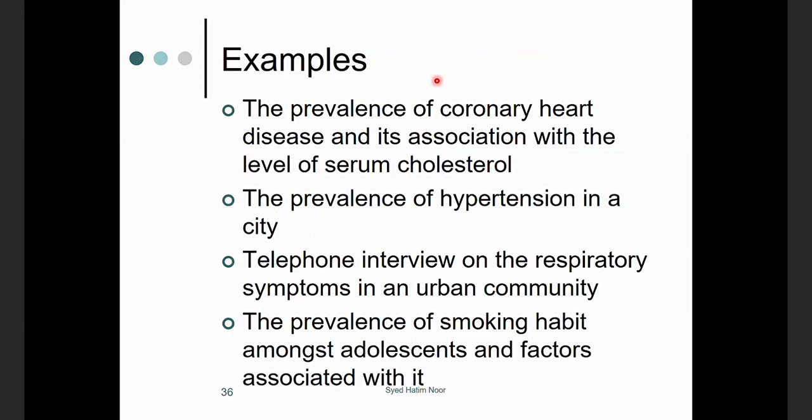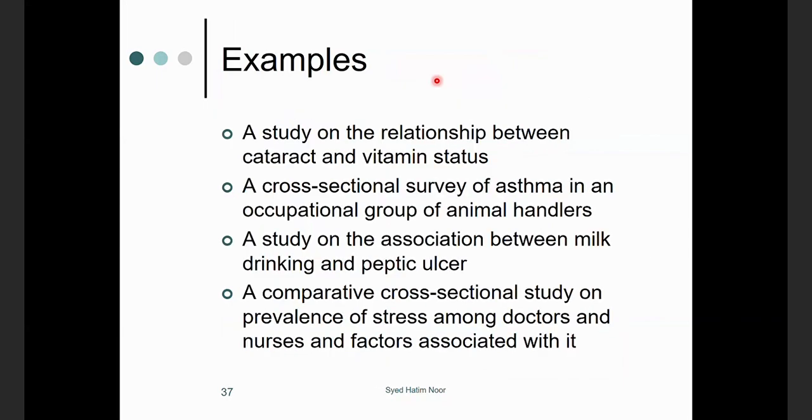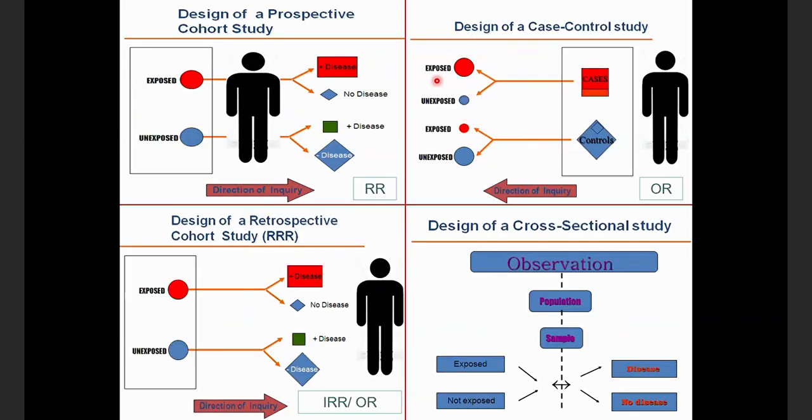All right, so this is some of the examples of the prevalence and also analytical study of cross-sectional. This is the summary of the observational study designs. In prospective cohort, we can measure relative risk.